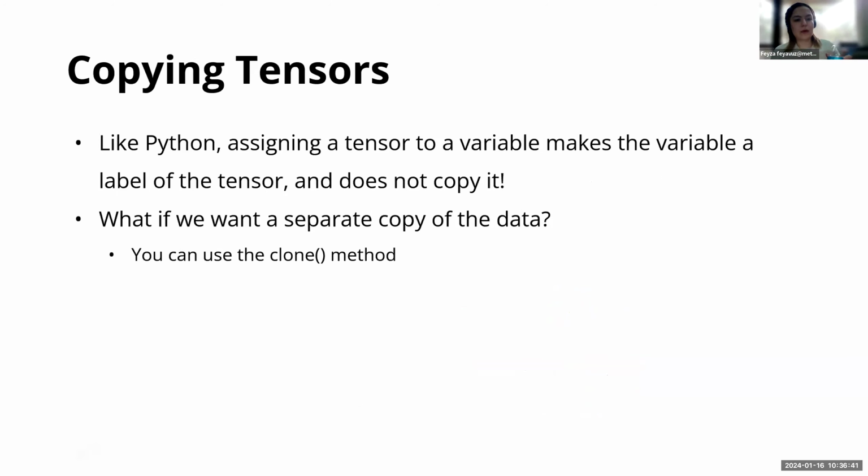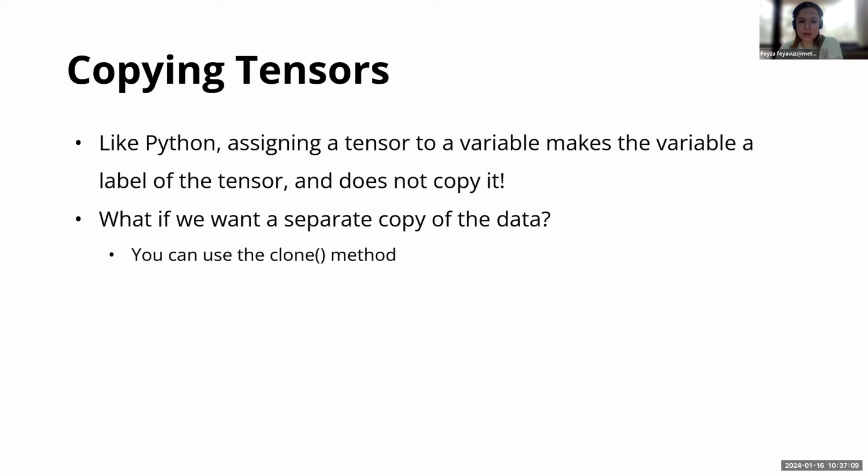Now we will talk about how we can copy these tensors. Like in Python, we have to copy a value to use it in another place. So assigning a tensor to a variable actually makes the variable a label of the tensor and does not actually copy it.